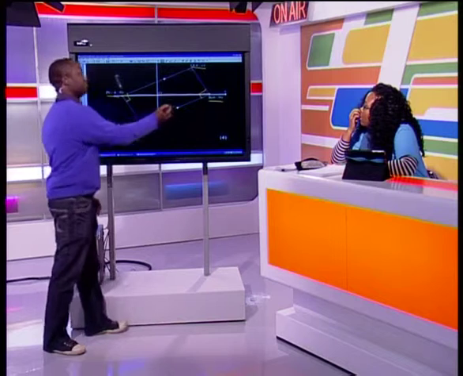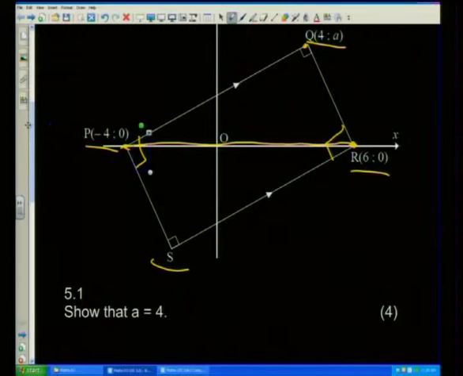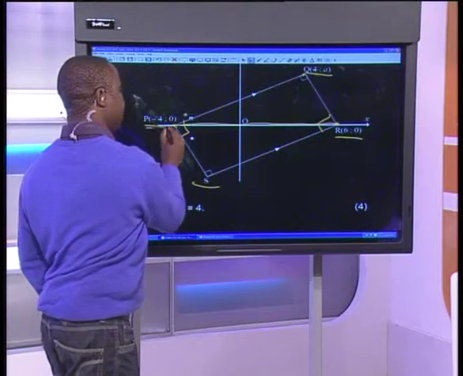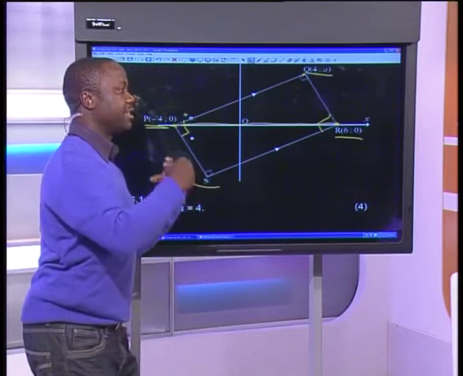Yes, you could use the distance formula. You could also take point Q and point R, together with P, that's a right angle triangle. You've got coordinates at P and R, and A is the only thing that's not known in that distance formula. You could do that and still get A.